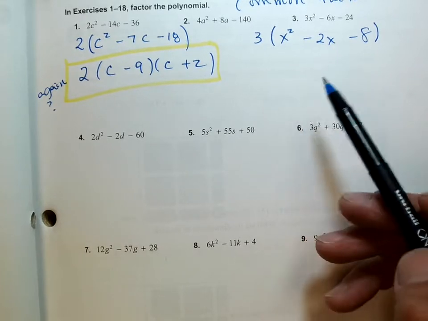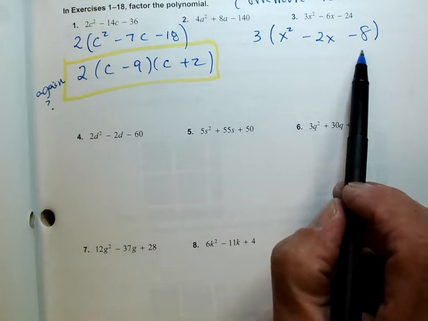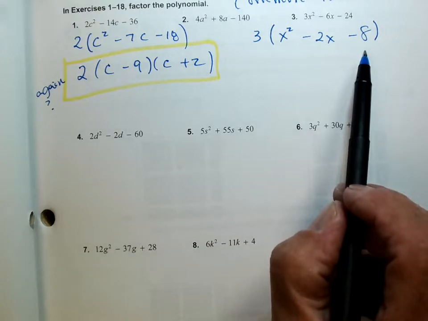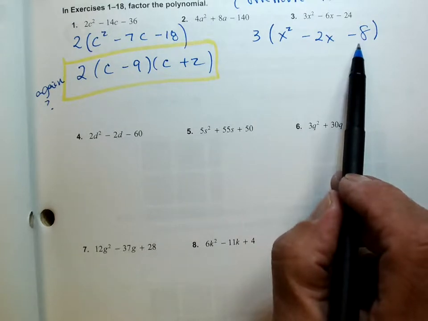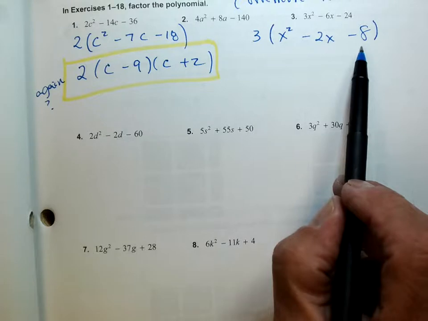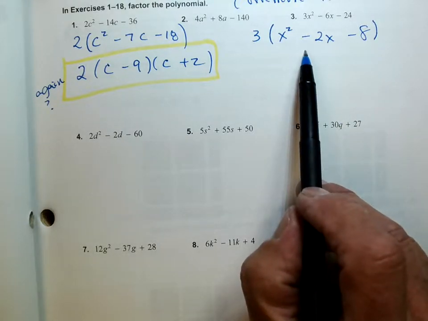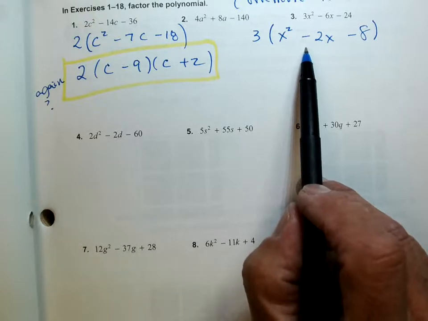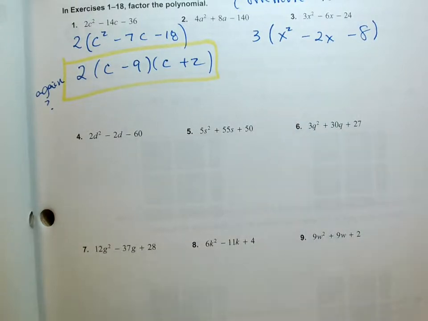So now, real quick, can it be factored again? Well, what times what makes 8? Seth said, how about a negative 4 positive 2? Why would he say negative 4 positive 2? Because negative 4 plus positive 2 is negative 2. So let's do that.